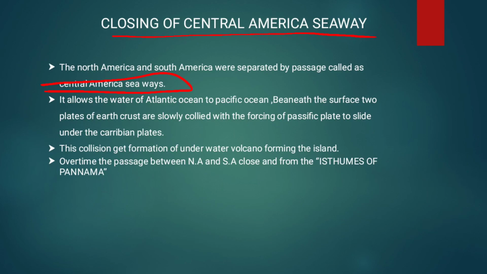It allows the water of the Atlantic to flow to the Pacific. Beneath the surface, two plates of Earth's crust slowly collide, forcing the Pacific plate to slide under the Caribbean plate. This collision results in the formation of underwater volcanoes forming islands.